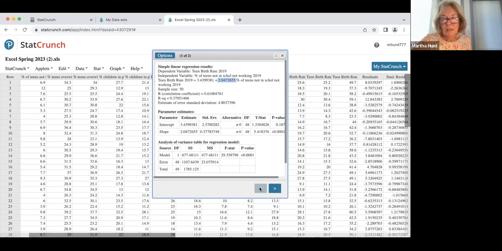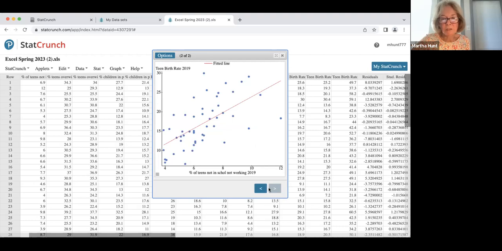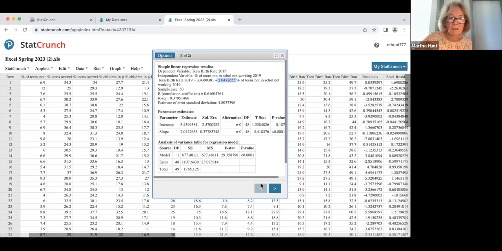Okay. I would encourage you when you're making your decision about whether it's weak, moderate, or strong, to maybe look at the correlation coefficient. You know, it's mid-range. It's not up there at 0.8, which would be strong.